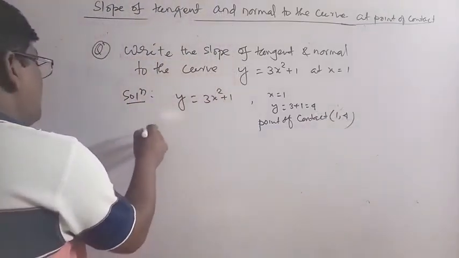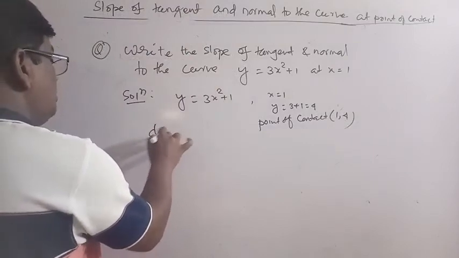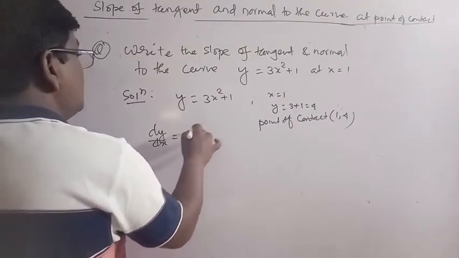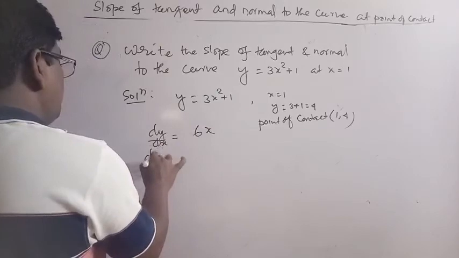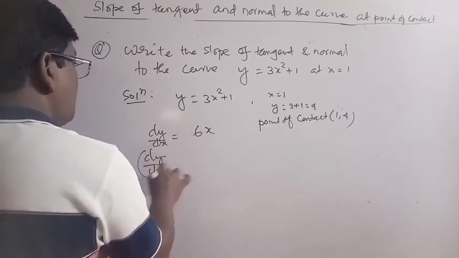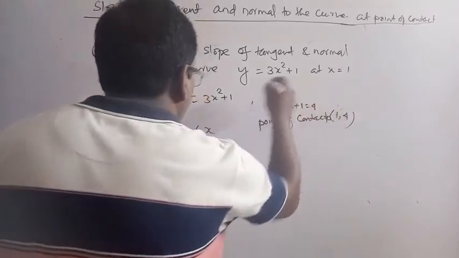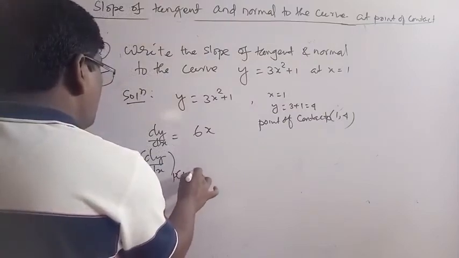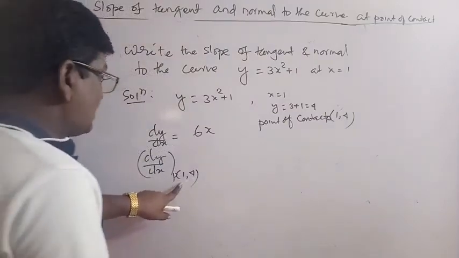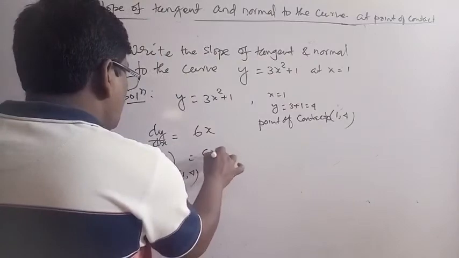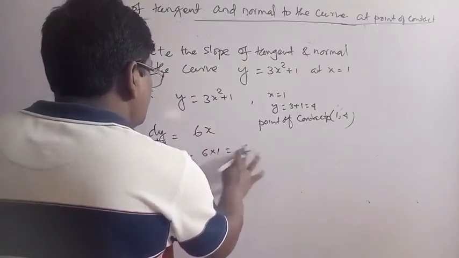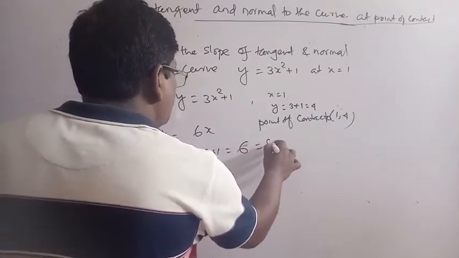For the slope of the tangent, find dy by dx, which is equal to 6x. dy by dx at the point P, P of 1 comma 4, is 6 into 1, equal to 6. This is the slope of the tangent.